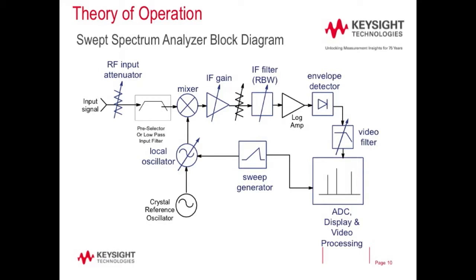So the signal stays on the screen when you adjust the attenuator. Goes through some filtering, a log amp, a detector, goes through some video detectors so it looks better to the eye, and then it basically shows up on your screen. So we're going to talk about each of these individually. But first we need a little more terminology.